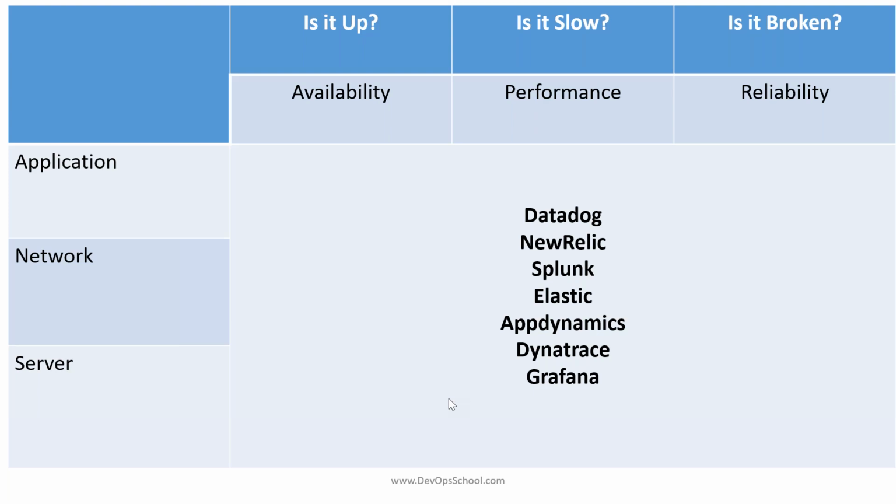Datadog is one of the market leaders. New Relic we have, Splunk we have, Elastic we have, AppDynamics. It's not that one is top, I would say all are popular today. Datadog is one of them, New Relic, Splunk, Elastic, AppDynamics, Dynatrace, and Grafana.